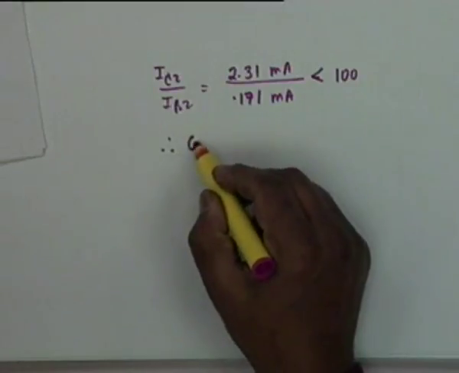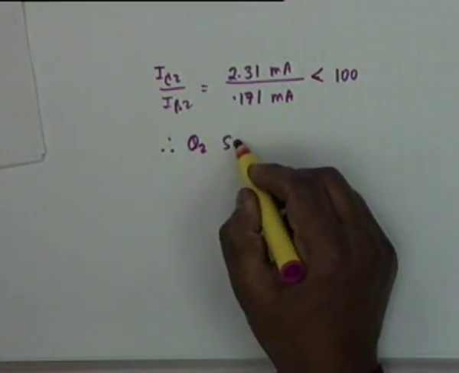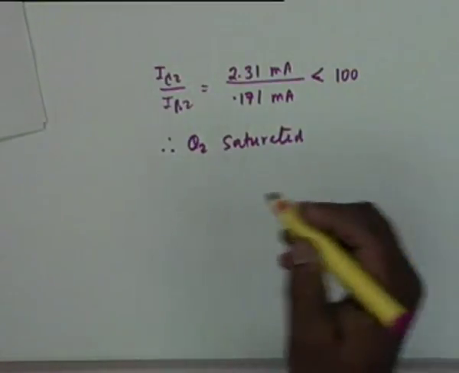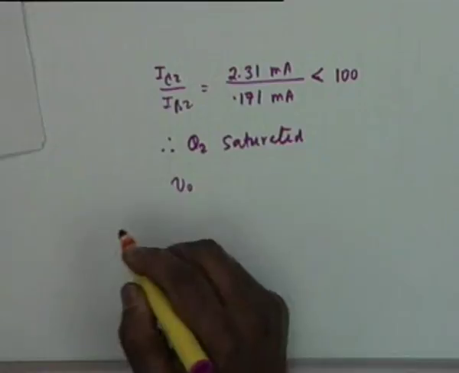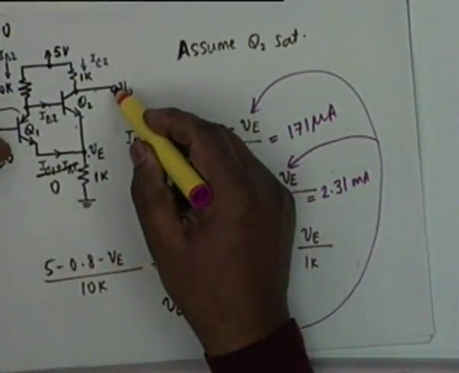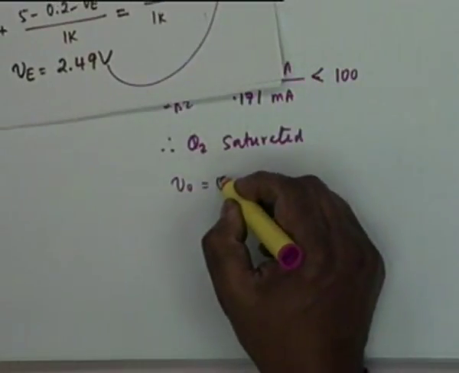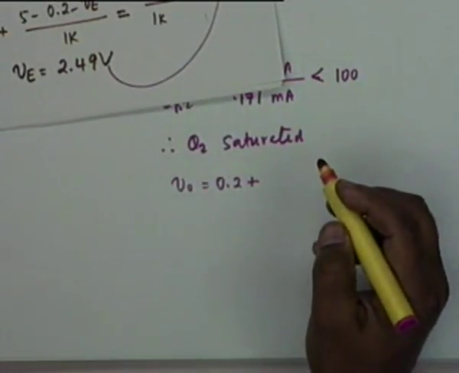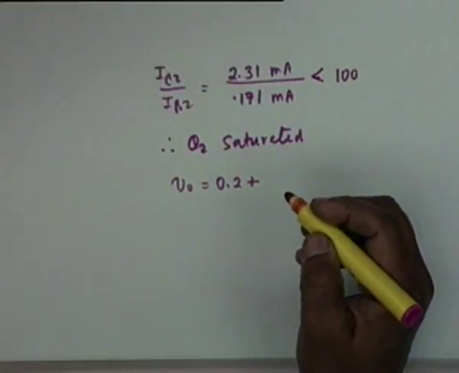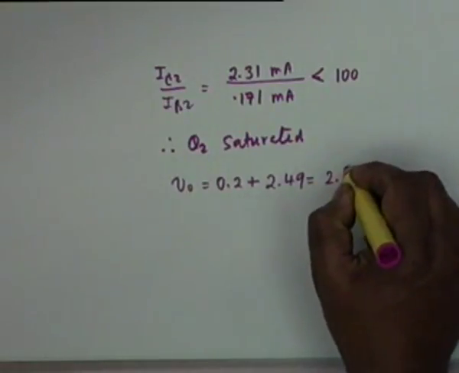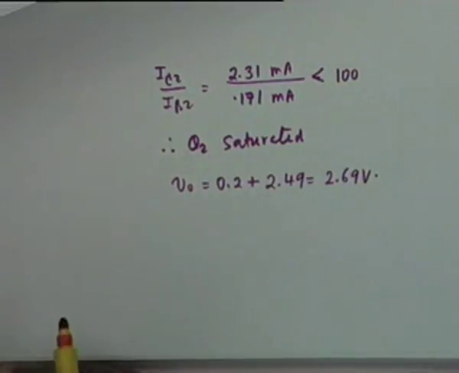Therefore, Q2 is indeed saturated. And if Q2 is saturated, then what is V0? V0 is this voltage, from here to ground. So it will be 0.2 plus VE. How much did you find VE? 2.49. So this is equal to 2.69 volt. And the problem is solved. Okay? First part of the problem.